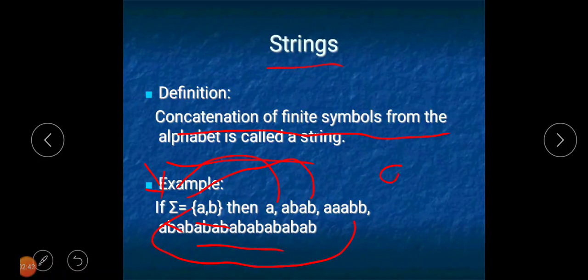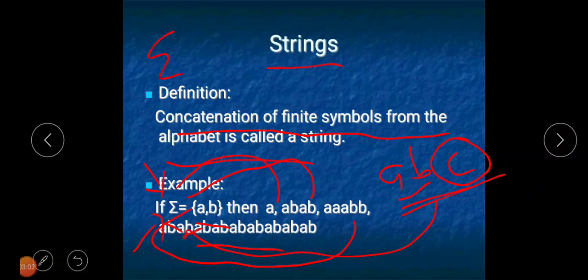But if I write A, B and C, is this a valid string defined on this sigma? No, because A and B belong to this sigma, but C is not a member of that sigma. That's why ABC cannot be a valid string that we can define on this sigma.